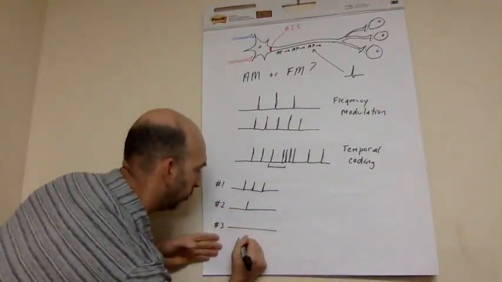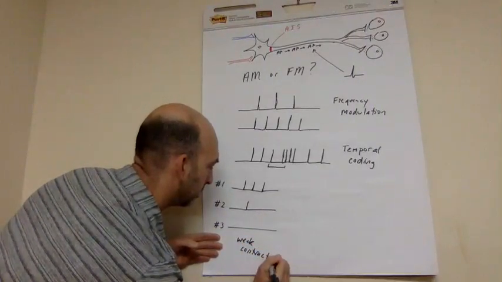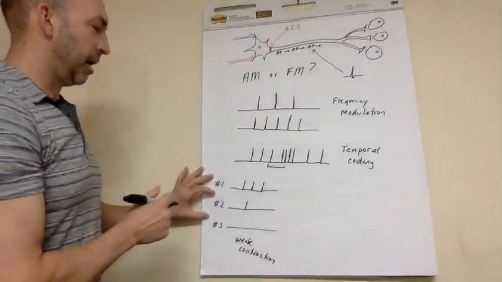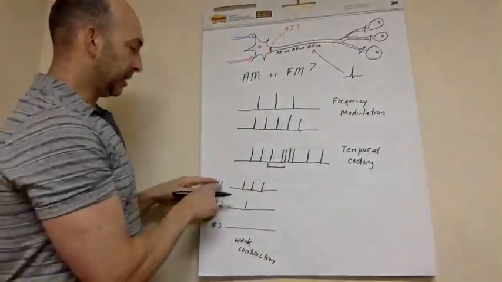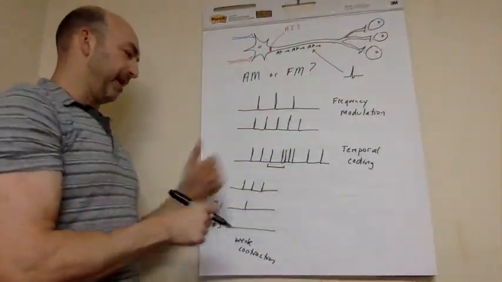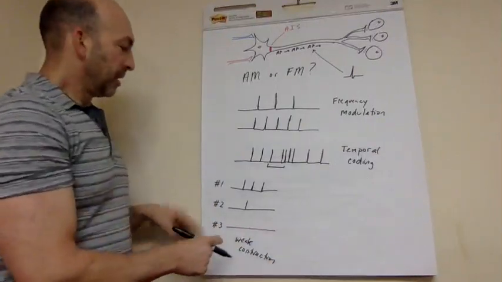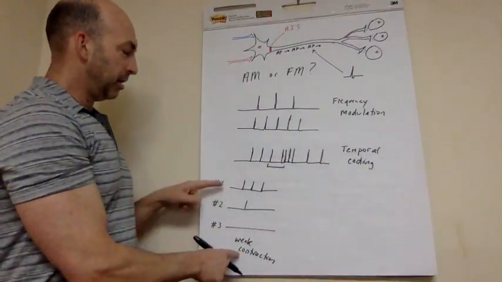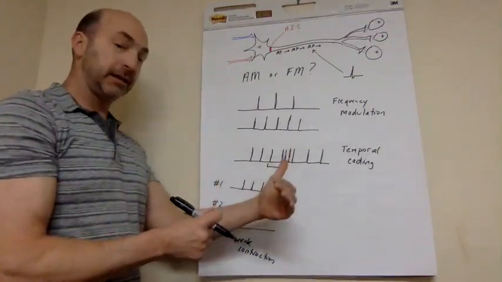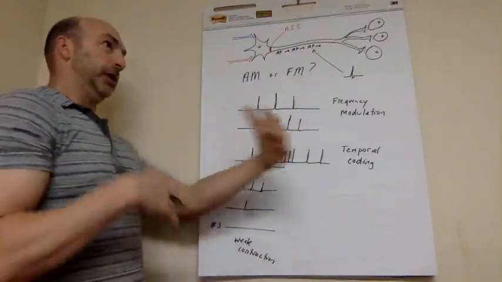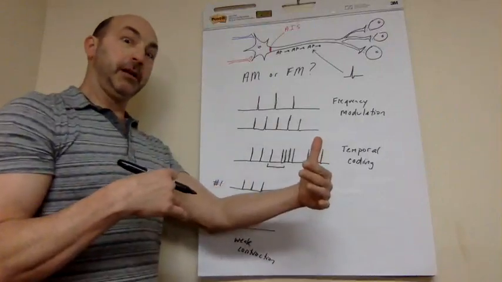So this is a weak contraction being generated. In other words, these 3 neurons are innervating groups of muscle cells, spatially separated, right? So this neuron is innervating one group of muscle fibers. This one's innervating a separate group, and then a third group. So during a weak contraction, really only the first neuron and therefore group of muscle fibers are becoming active. So we're spatially coding the information such that only part of the muscle becomes activated.